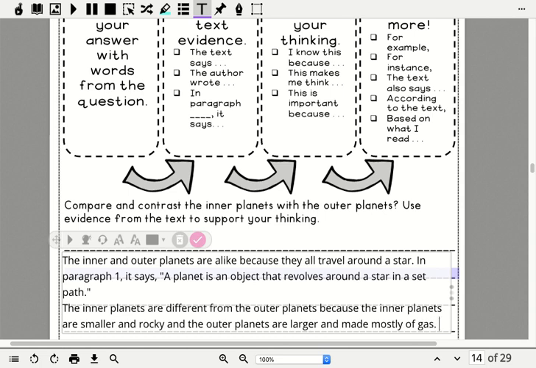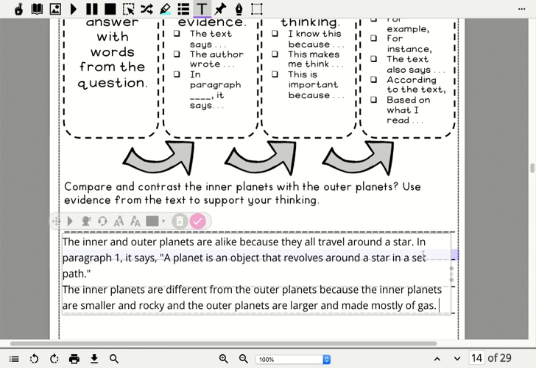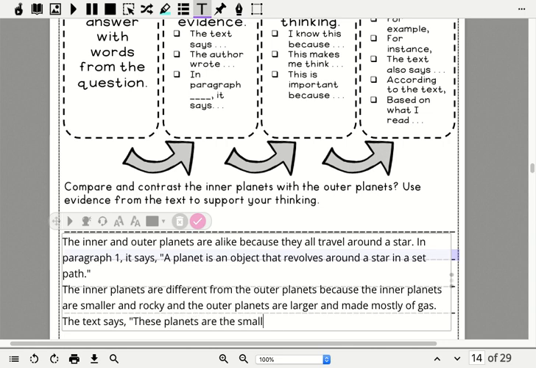So now I have to prove that. So I can say the text says, and I'm going back and I'm finding those sentences. So the first one says, these planets are the smaller set of planets and all have a rocky surface.